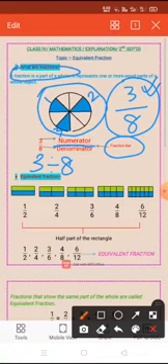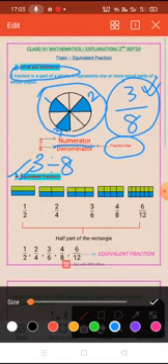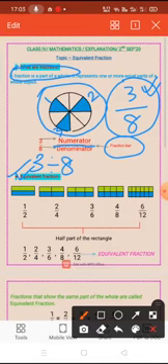Now the next topic we will be learning is equivalent fractions. For this I have again taken some pictures of rectangles. You can see all the rectangles are of the same size.